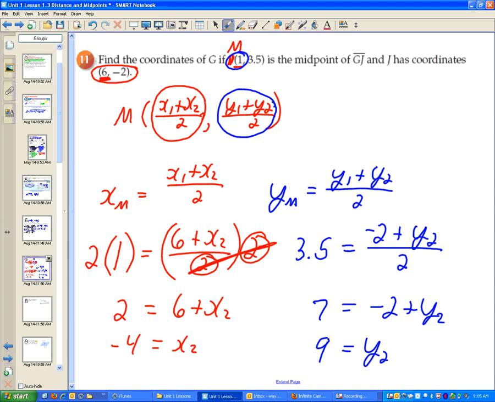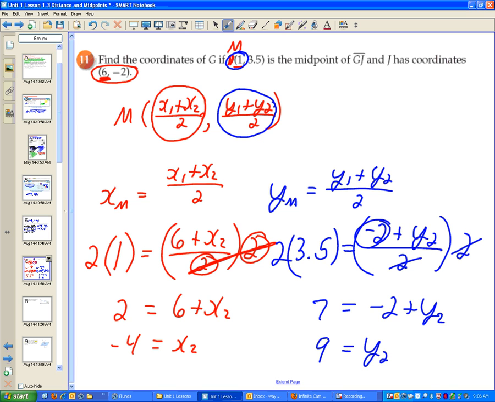Why don't I do what? I multiplied 2 times 3.5 to get 7. 2 divided by 2 is 1. Why would I multiply negative 2? Because there's a plus sign. You talking about this negative 2?